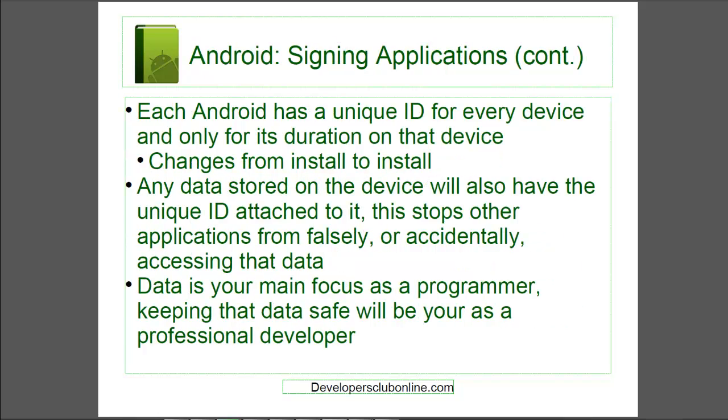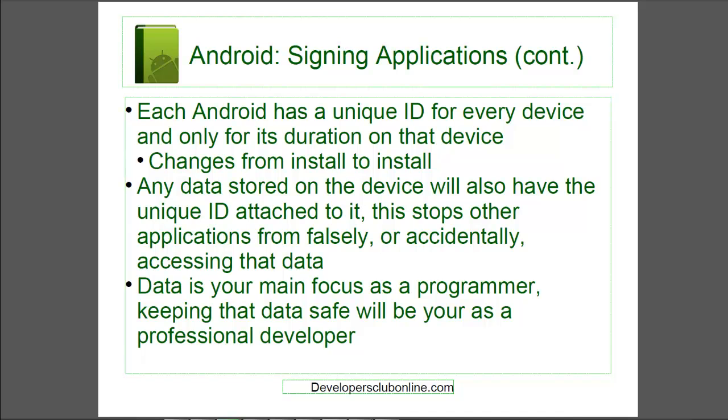Every application has a unique ID for every device that it's on, for its duration on that device. Essentially, I often uninstall and reinstall Pandora onto my phone because the application takes up a lot of my phone resources. Granted, I have an awful phone, but I uninstall and reinstall Pandora a lot. Every time that I uninstall and reinstall the application, it generates a unique ID for it.